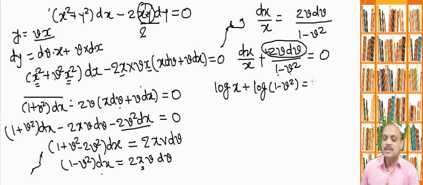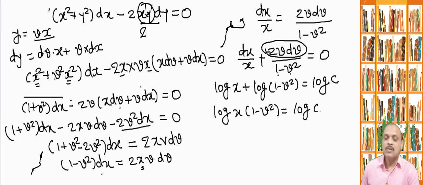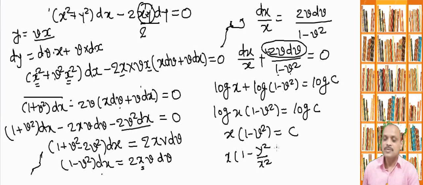Now we consider the constant term as log of c. Log of x into (1 minus v square) equal to log c. Now log gets cancelled, and we get x into (1 minus v square) equal to c. Substituting the value of v, x into (1 minus y square divided by x square) equal to c.